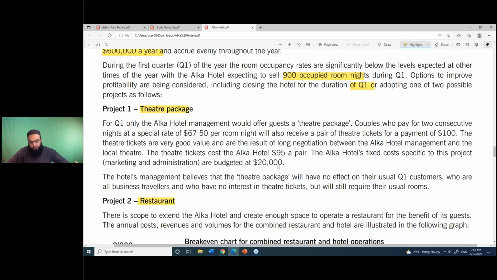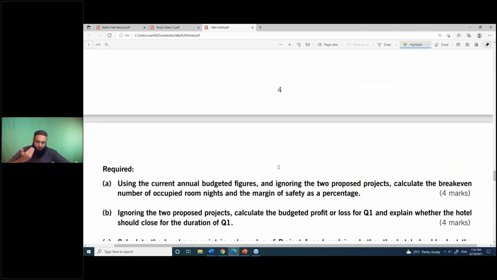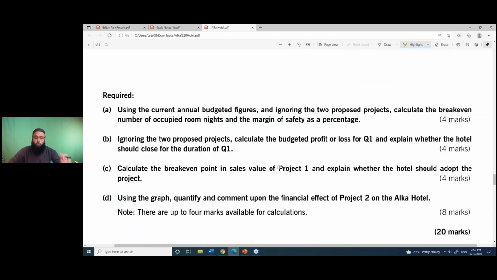Now what I'll do is, first I'll go to the requirements. As I've mentioned earlier as well, it's good to read the requirements first. It says using the current annual budgeted figures, ignoring the two proposed projects, calculate the break-even numbers of occupied rooms night and margin of safety as a percentage for 4 marks.